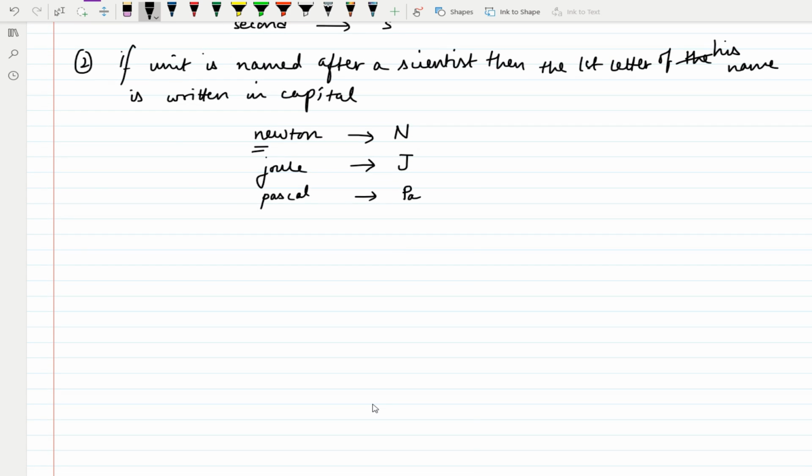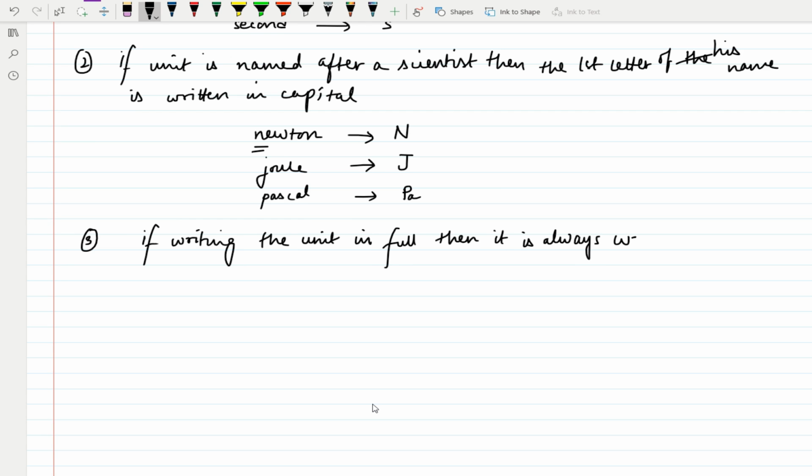The next guideline is that if you're writing the unit in full, then it is always written in small letters.